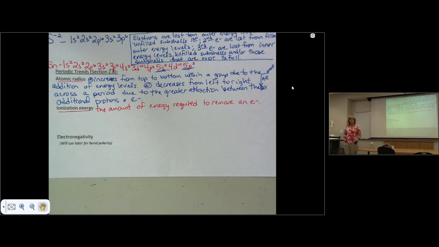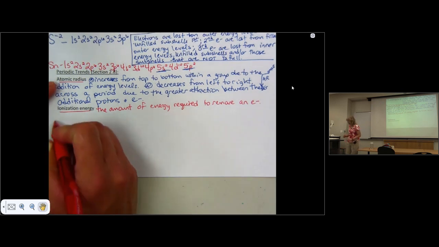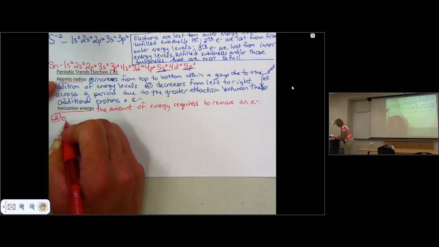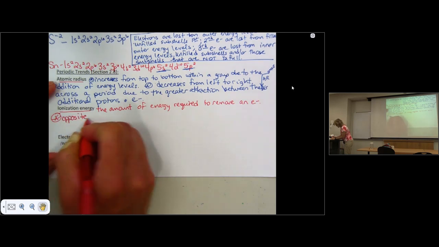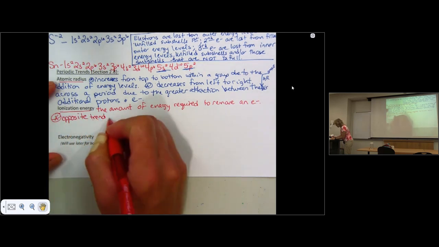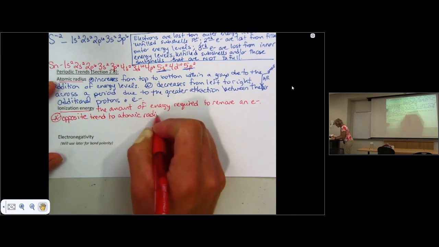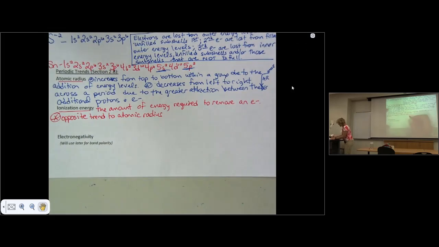Will ionization energy get bigger or smaller as you go down a family? So what is it in comparison to atomic radius? Opposite. So ionization energy is opposite. It is an opposite trend to atomic radius.